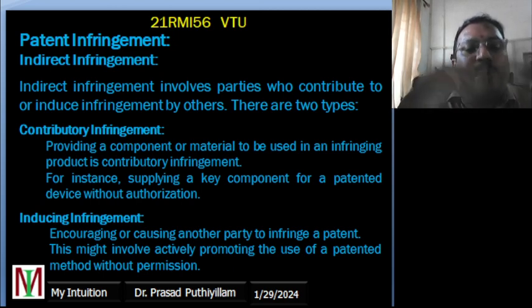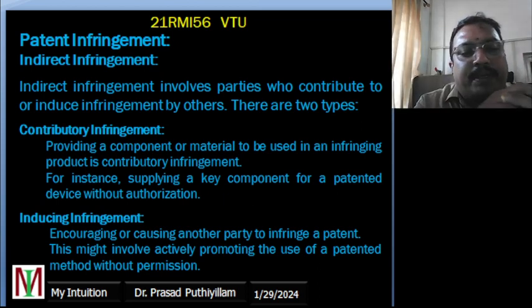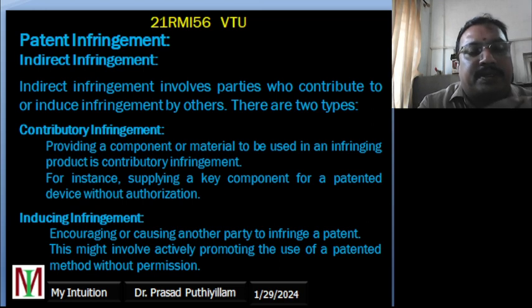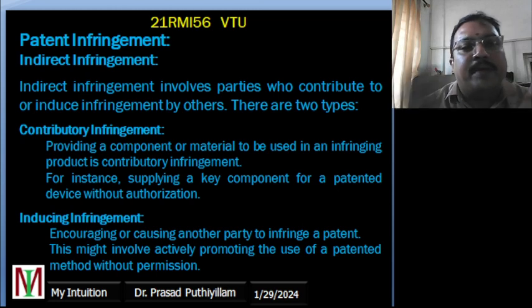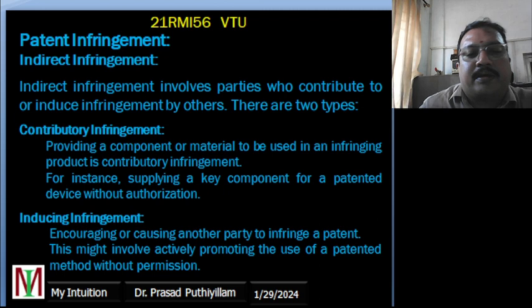If the component directly contributes to the infringement of the company's patented robotic arm, then we can say it is contributory infringement. It is not the entire robotic arm, but a component, a part of it, which comes under the patent. That is called contributory infringement.